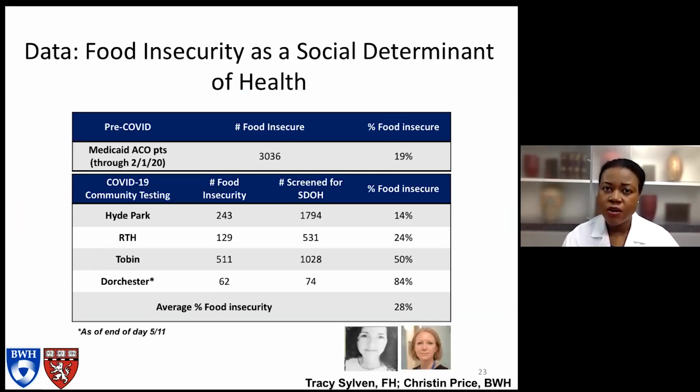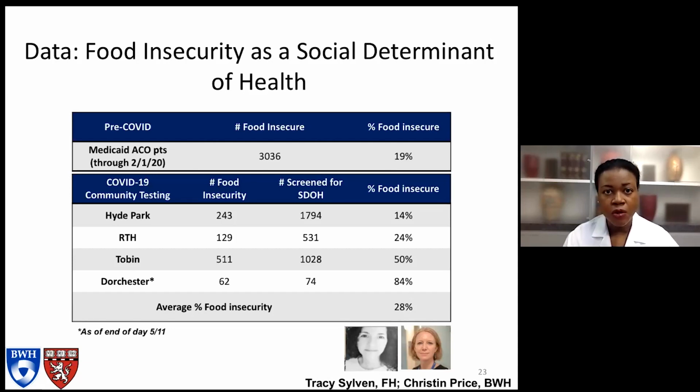And what was found as a part of this, and as a part of doing data collection that included social determinants of health screening, is that there was an enormous amount of food insecurity within both our patient population as well as within local communities in Boston.